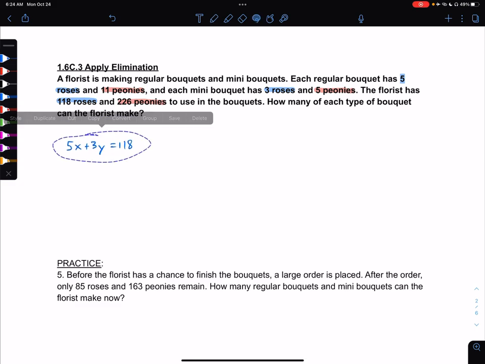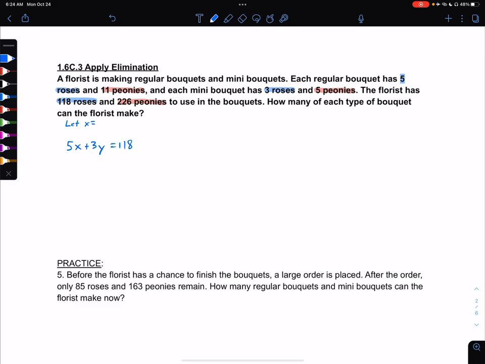So defining our variables is the thing that we have to be careful of. We're going to say let x equal regular bouquets and let y equal mini bouquets.